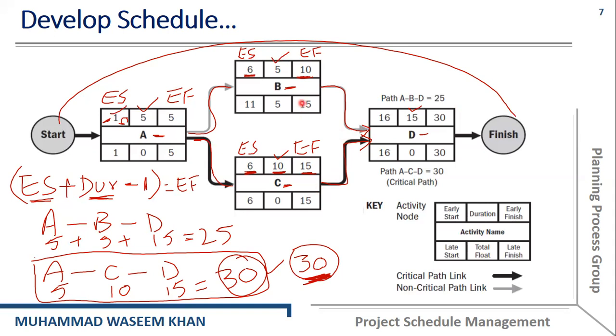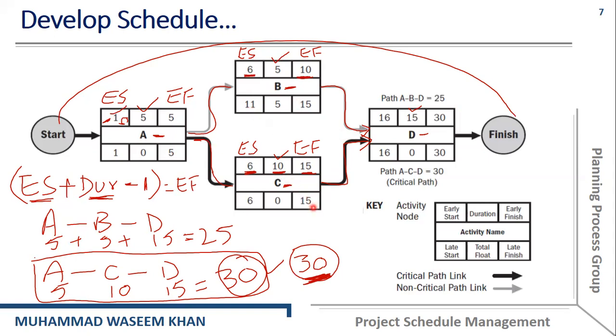Now, if you want to find the latest start of activity B, again we use the same expression, which is latest finish minus duration plus 1. So the latest finish is 15 minus duration 5, which is 10, plus 1, 11. So 11 is the latest start of activity B.